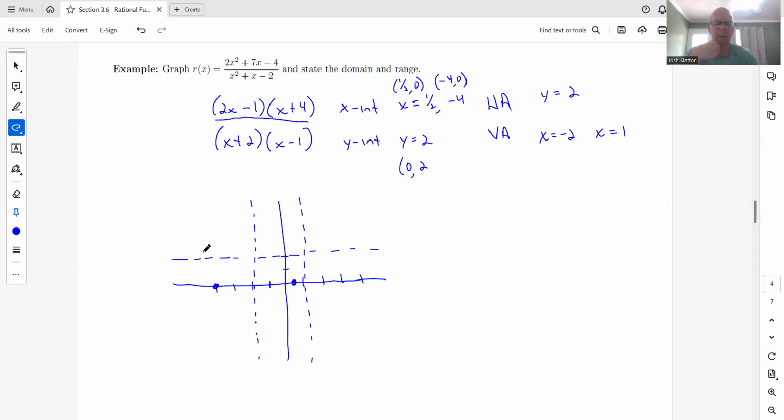Is it coming up like that and then coming back down? Obviously it goes through this, but let's see what is going on here. So we know this is at -2, so let's look just on the left side of that. So let's see what happens when x is -2.1. We're just going to pick a number very close to that, but on the left side.